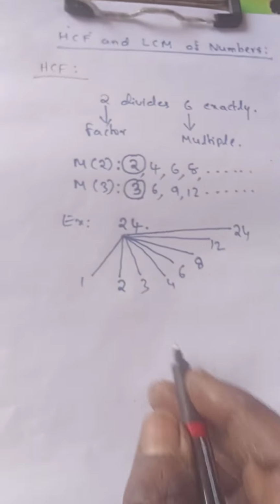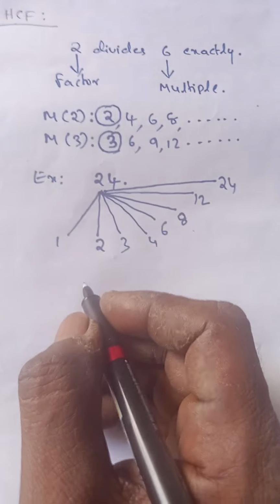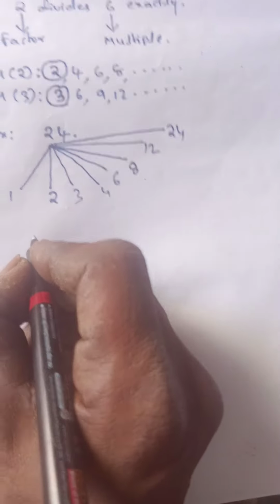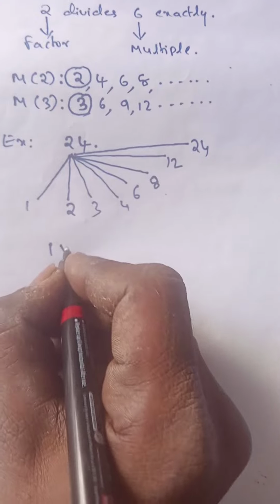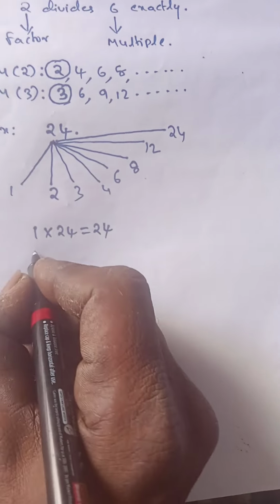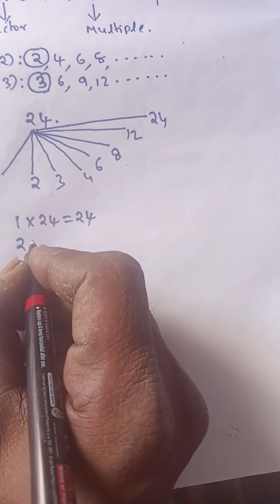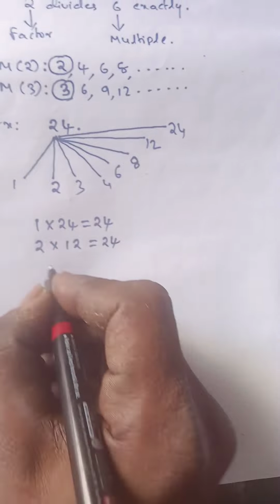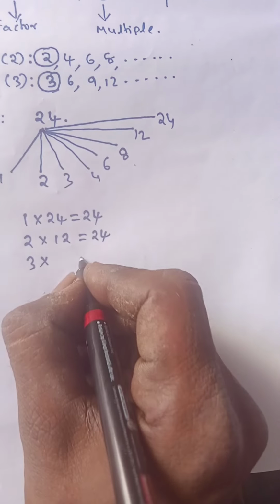So we have one method. It is very easy to write the factors of a given number. How do we write the factors of 24? We can write like this, in this manner. 1 into 24 is 24, and 2 into 12 is 24. 3 into which number gives us 24?